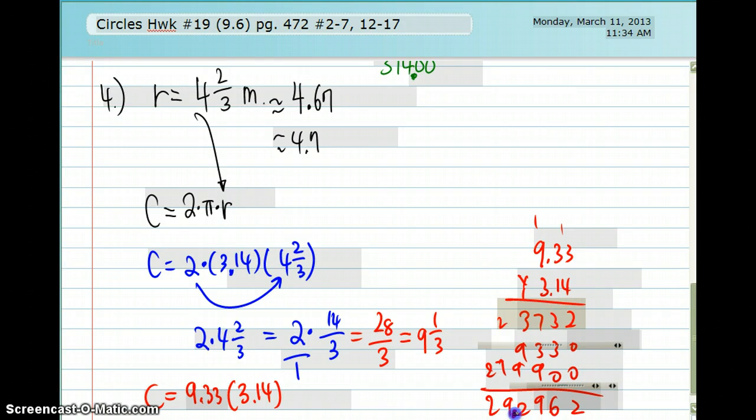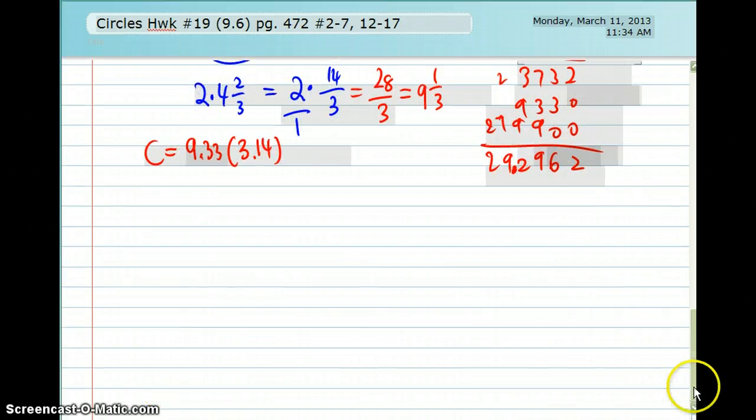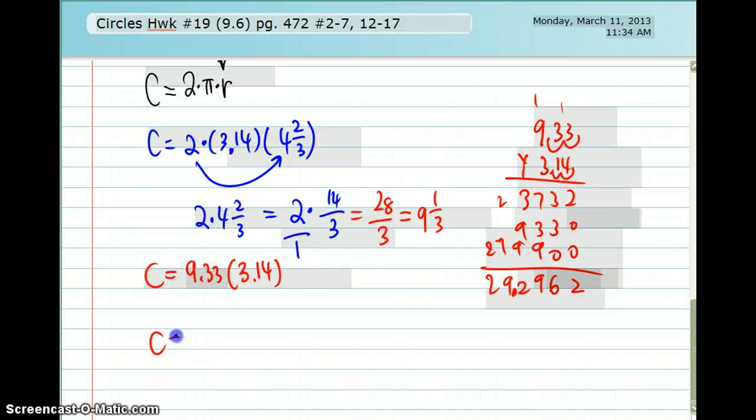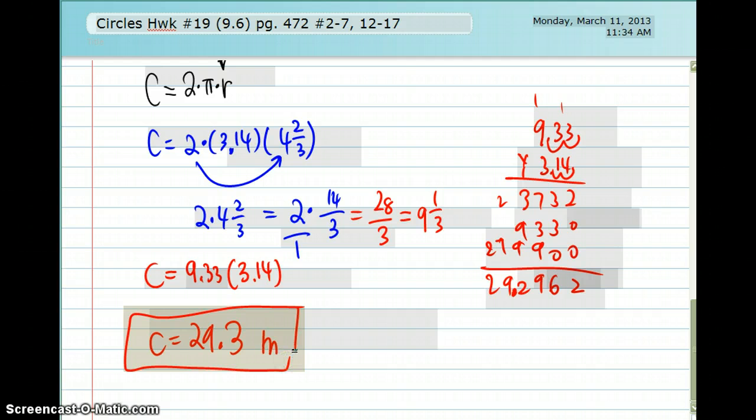Okay, my decimal goes right there because I've got 1, 2, 3, 4 decimals. Perfect, that's exactly the answer I should get. My circumference is 29, I'm going to round that to 0.3 inches, no, meters. So there's my answer right there.